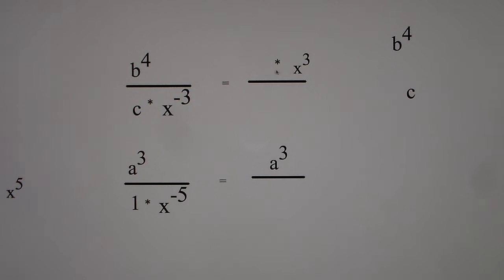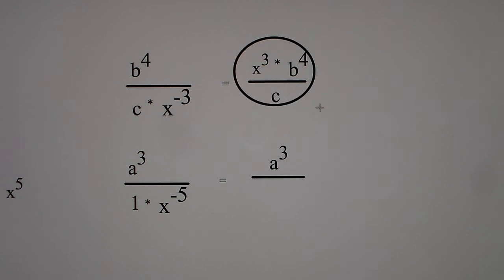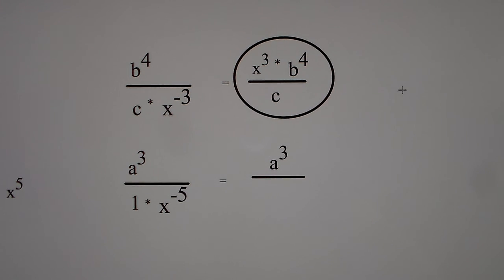We have x to the power of 3, because we moved it up top. B to the power of 4 stays the same, because it's already positive. And c is already positive, so you leave that c there. That's our final answer.